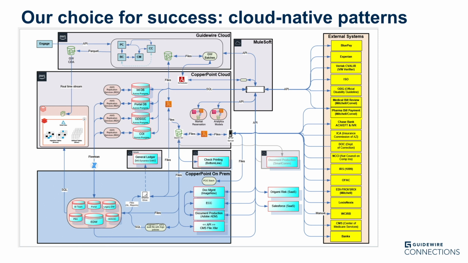So for example, we had legacy data in our on-prem environment. We wanted to provide that to integration. That was done by Fivetran. We had operational data source in our on-premise environment. We used Fivetran to replicate it in real time in our integration database so that Guidewire Cloud can access them.